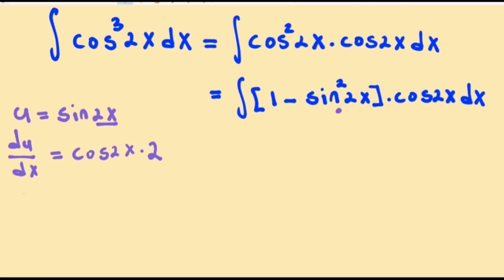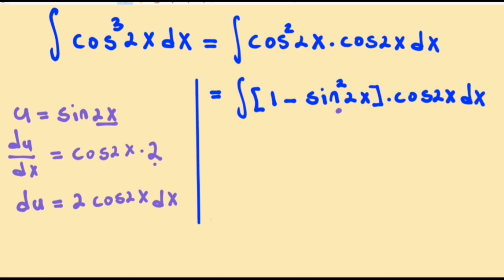Multiplying both sides of the equation by the dx, du will be equal to 2 multiplied by the cos 2x multiplied by the dx. This will be equal to the integral of 1 minus sine squared of 2x.